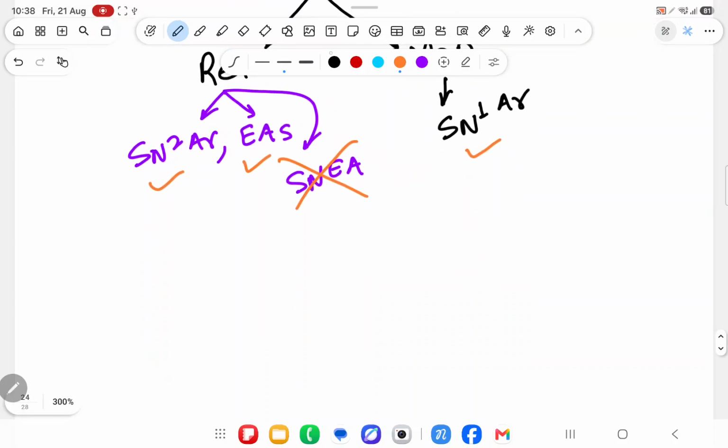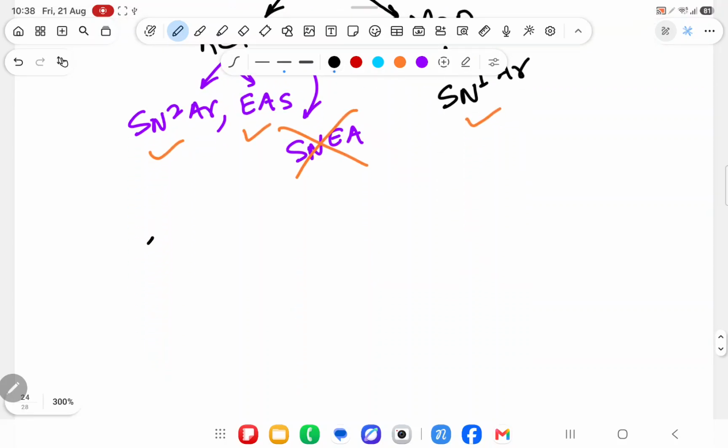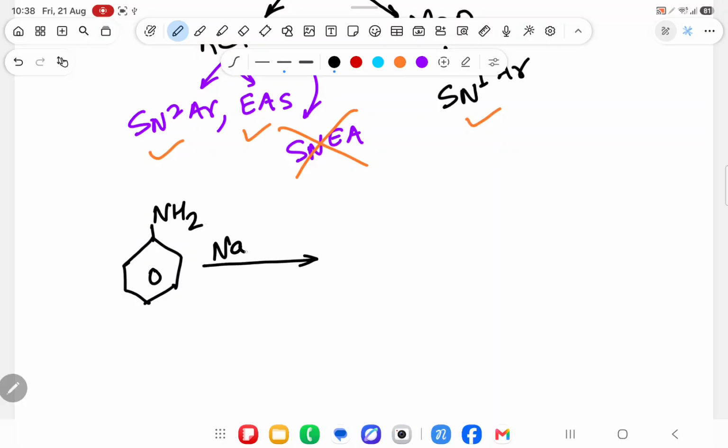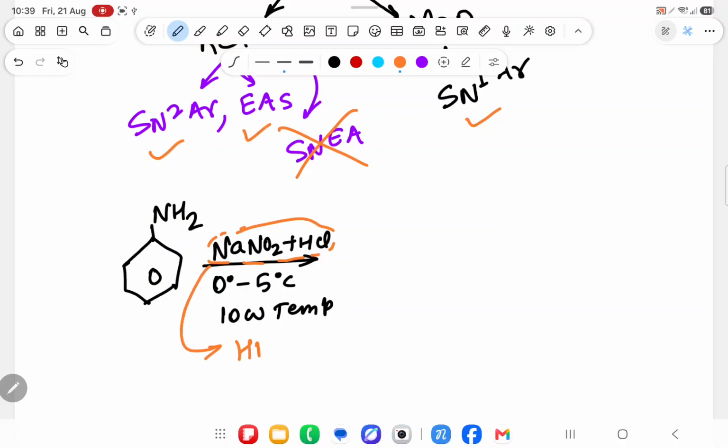So now see over here. First, I will take aniline, NH2, and react that aniline with NaNO2 plus HCl at 0 to 5 degrees Celsius, that is low temperature. Sometimes they will write HNO2 instead, so don't get confused.